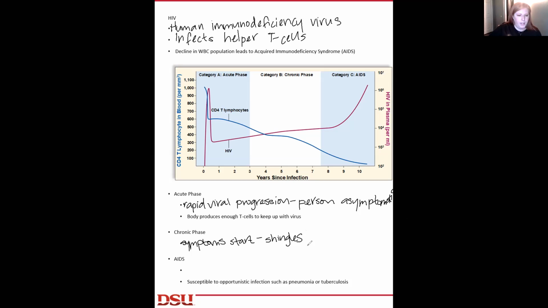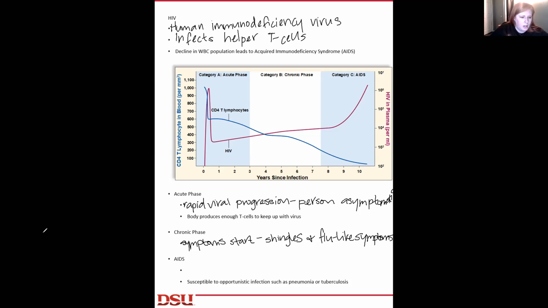Other things are basically flu-like symptoms. This is your cough, fever, body aches, diarrhea, stuff like that for no reason.